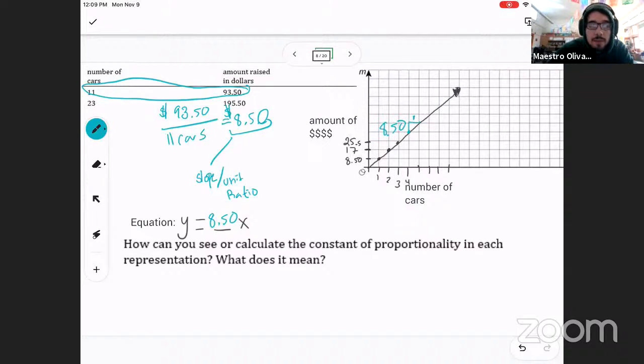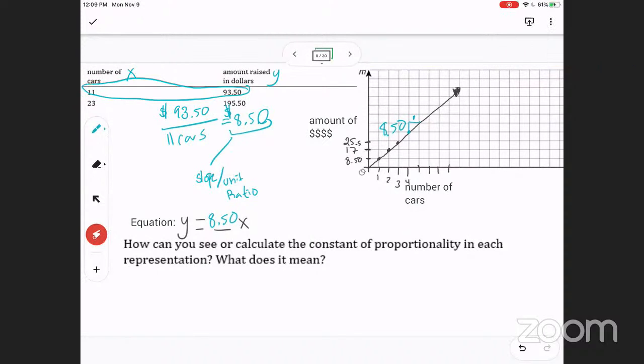Different representations, and you can find the unit ratio or the slope. When you have a table, all you do is divide the y value by the x value.